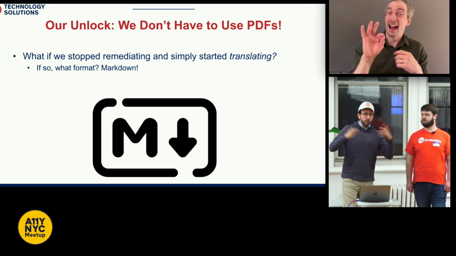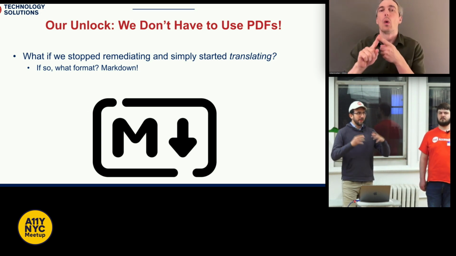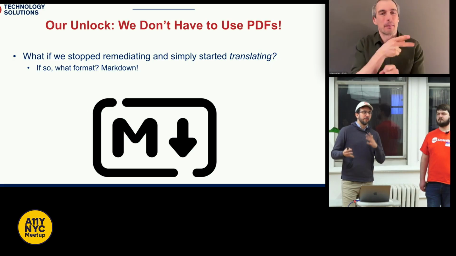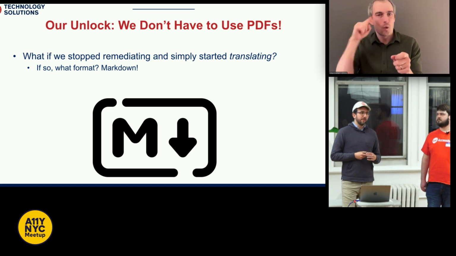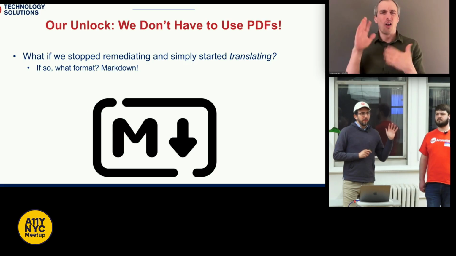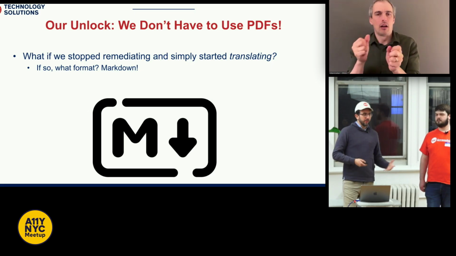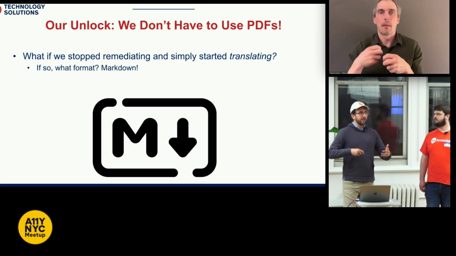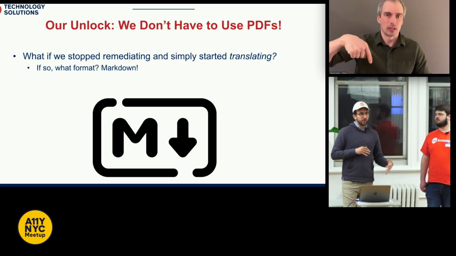And that was a huge unlock for us, because many months and even years, in my case, of trying to find that magic bullet accessible PDF all of a sudden went away. And then we started to ask ourselves, how can we do this? Where can we go? We also had worked a lot on different AI tools at the same time.